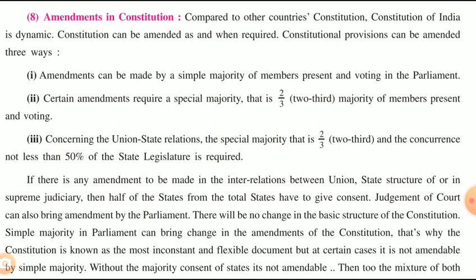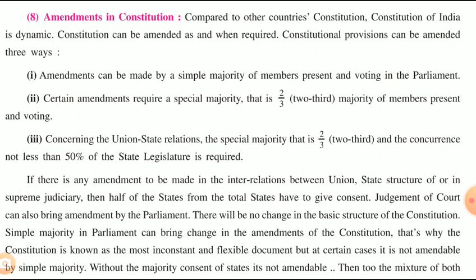That is, two-thirds of the members of the parliament are required to cast their vote in favor or against the amendment. Third, concerning union state relations, special majority, that is two-thirds, and the concurrence of not less than 50% of the state legislatures is required.